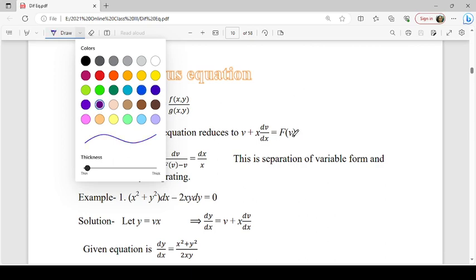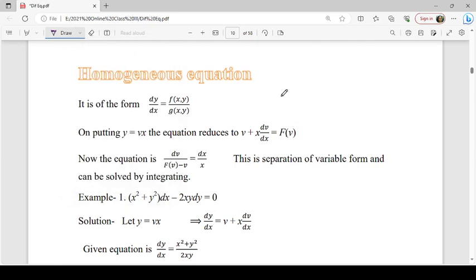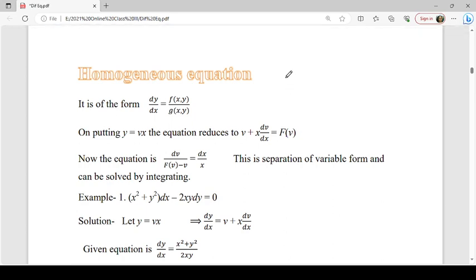This becomes f of v, a function of v, and this left hand side is dy dx.